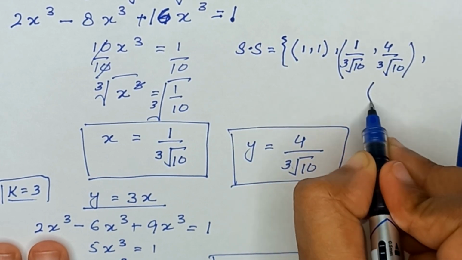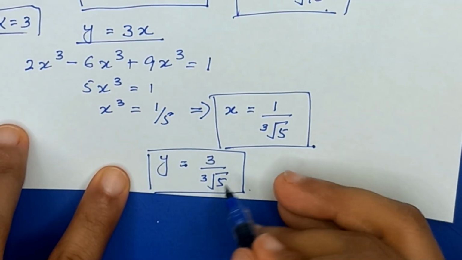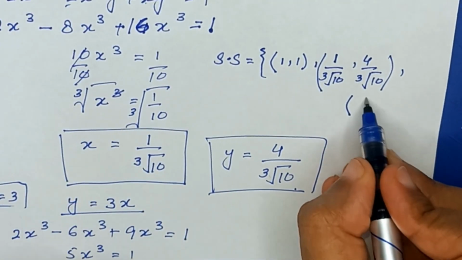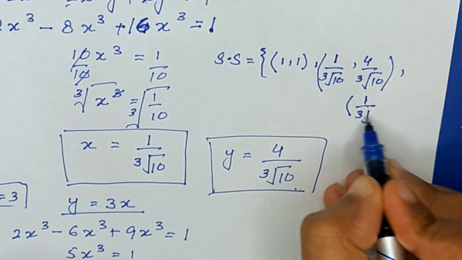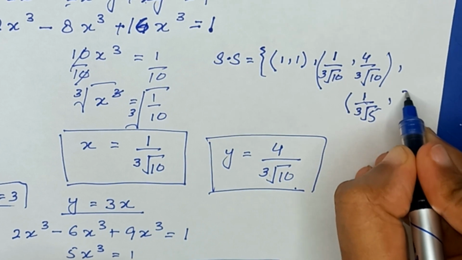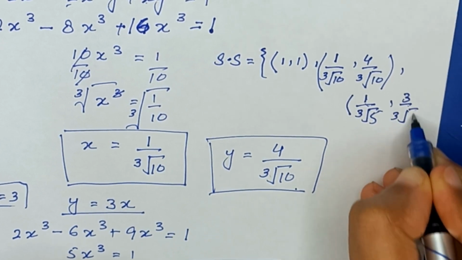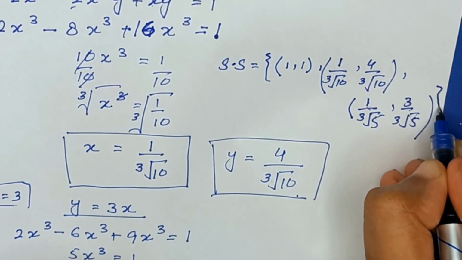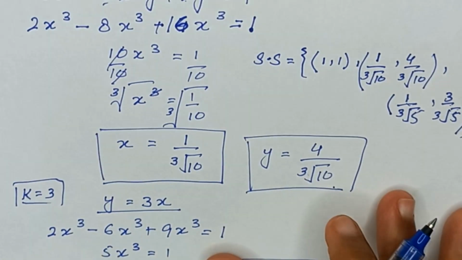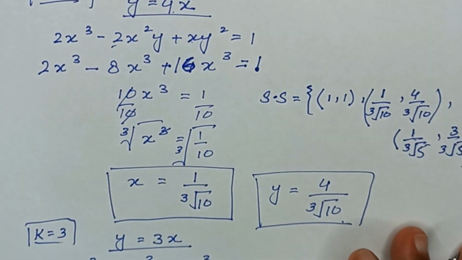And the third one is (1 divided by cube root of 5, 3 divided by cube root of 5). So these are the 3 values of x and y for this problem.